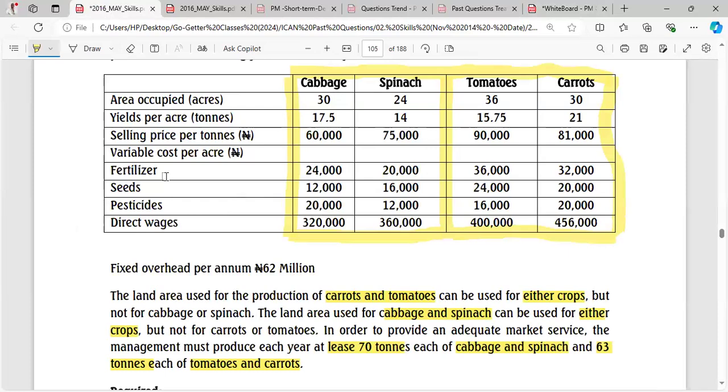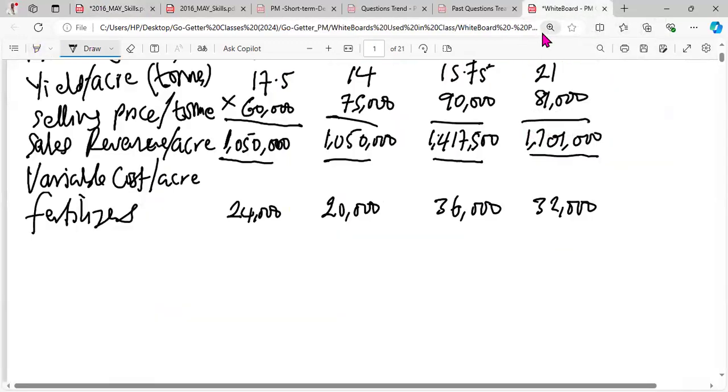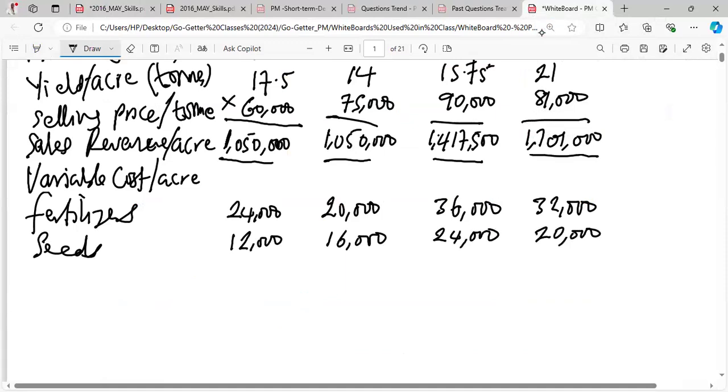We have seeds, 12, 16, 24, and 20. Okay, so we've done that of seeds.